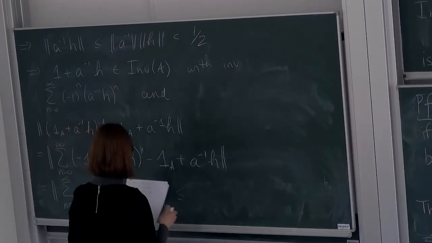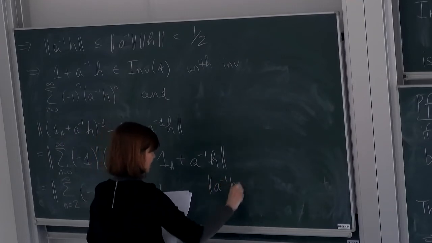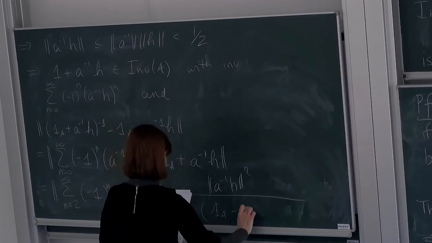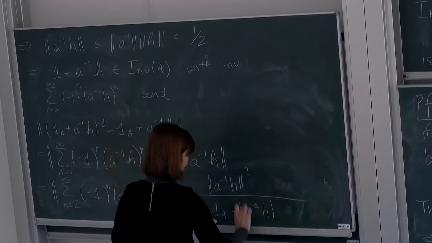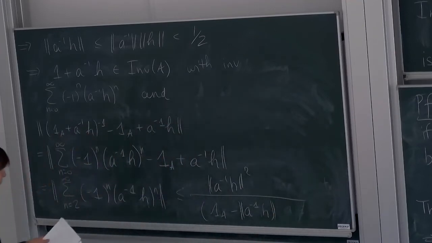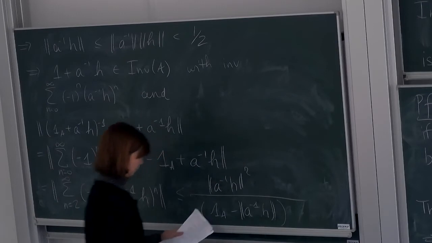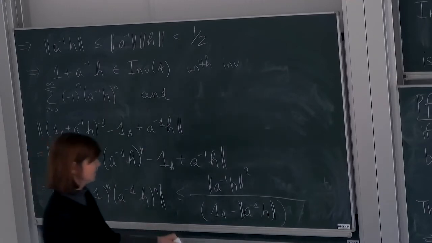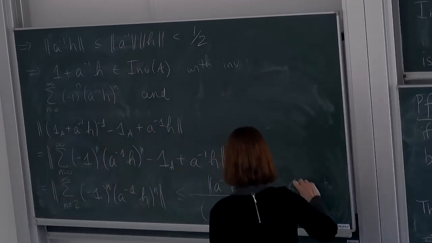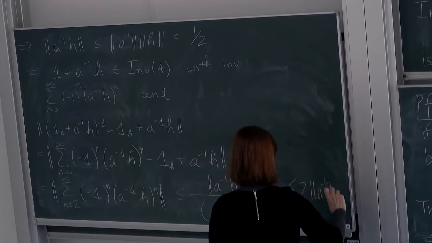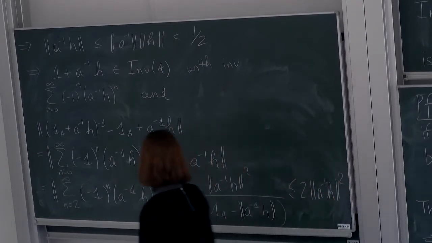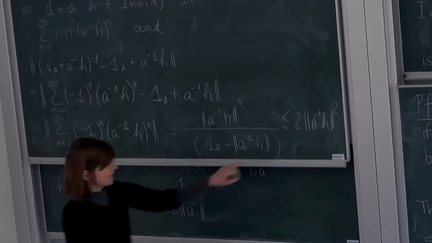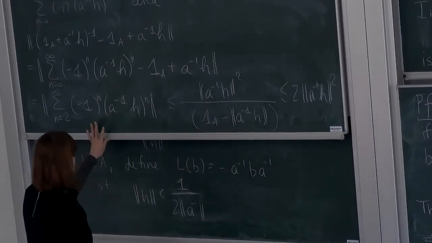So we have that A inverse H, and this is then seen to be at most twice the norm of A inverse H squared.